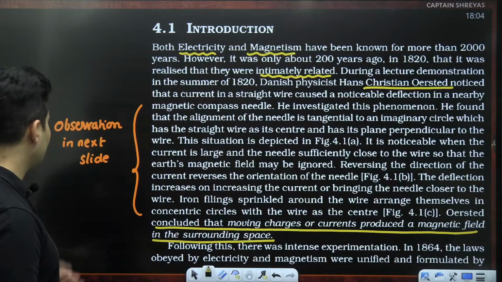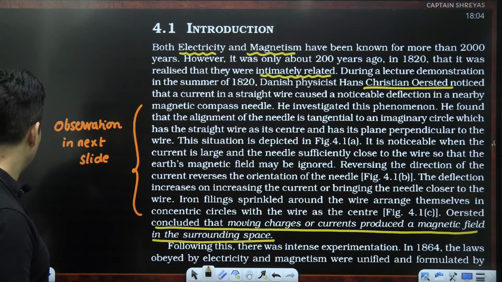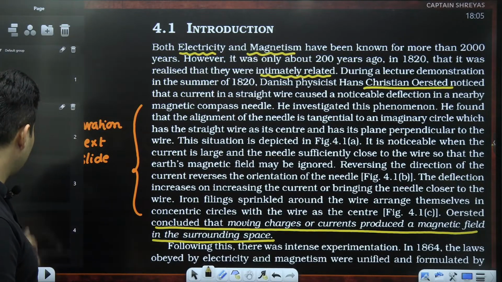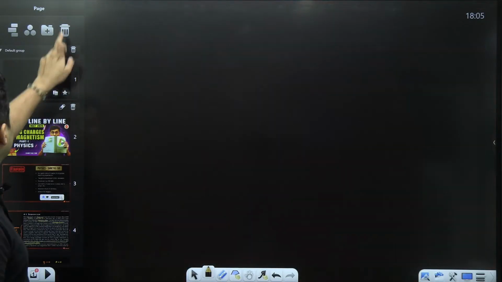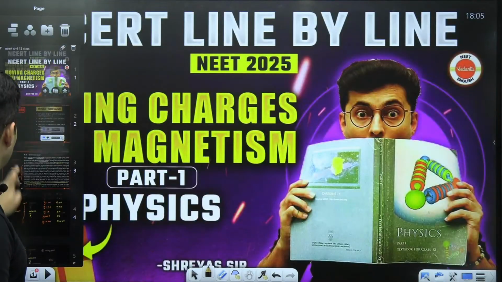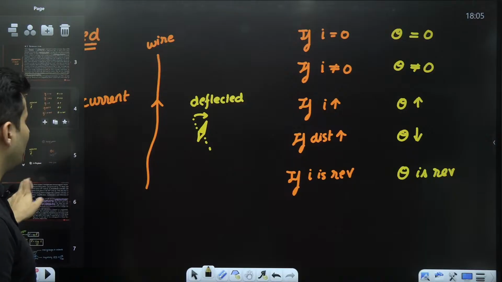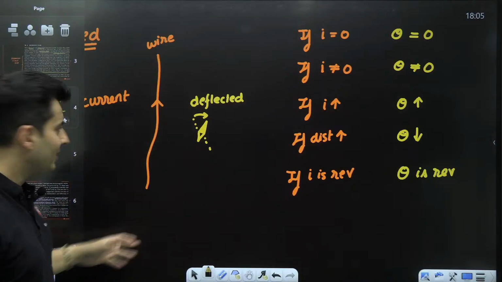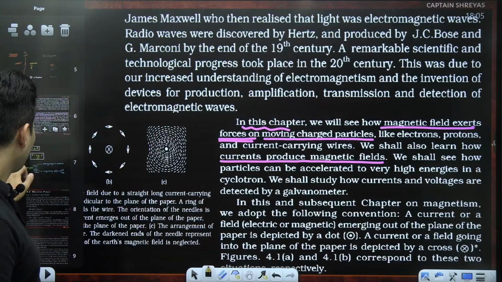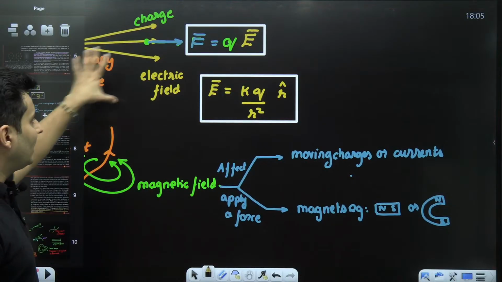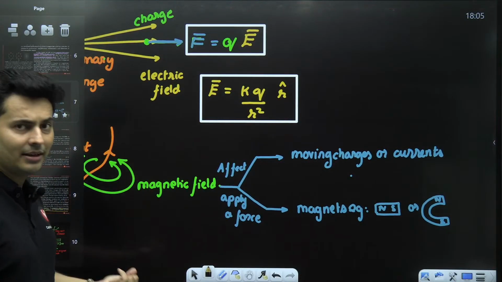So in the last lecture, in part 1, we have done a lot of things. Let me quickly go through them. We started with Oersted's experiment on how current carrying wires can produce magnetic field, and how electric field is slightly different from the magnetic field.